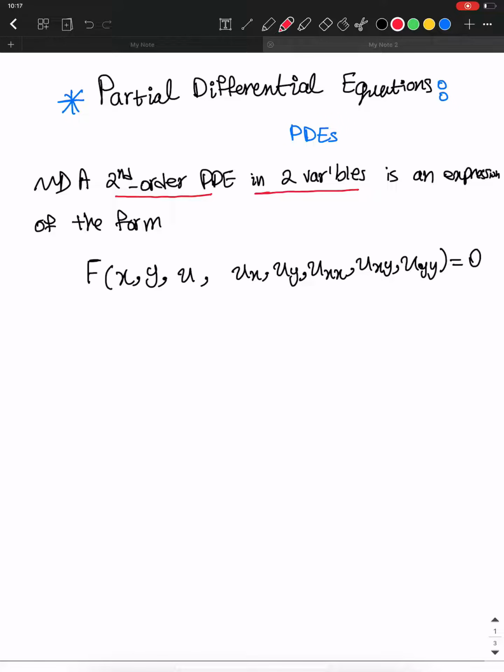So I have two variables, x and y here, which we call independent variables. u here is a dependent variable, so u can be a general function of x and y, and it is a dependent variable.